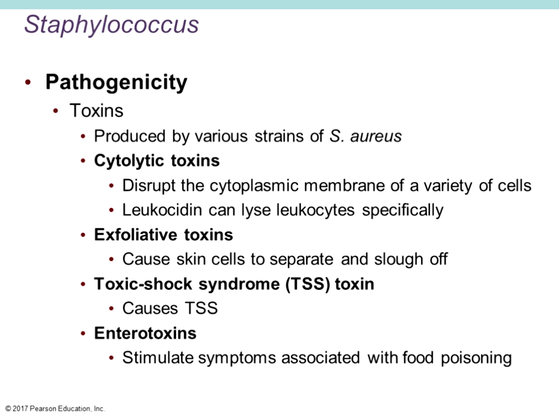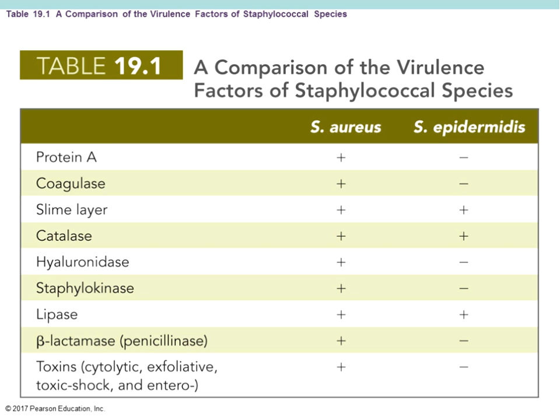Enterotoxins are pretty heat stable, and they can remain active at 100 degrees Celsius for up to 30 minutes. So even though we may have killed the bacteria, we will still have this enterotoxin that's left, and it can still make you sick, even with the boiling of it or heating it up to really high temperatures.